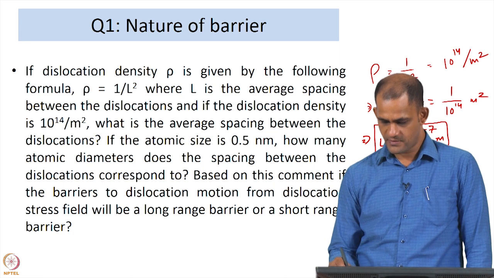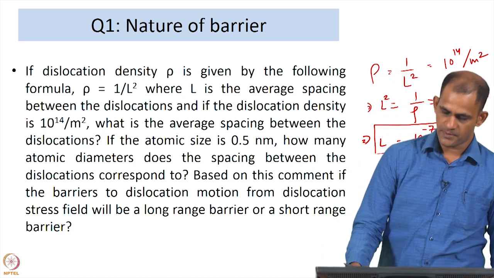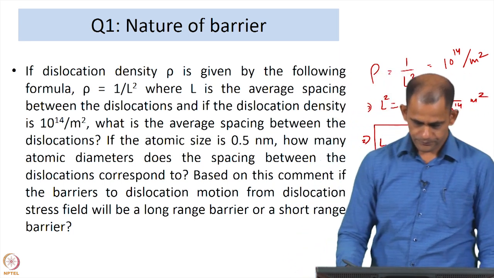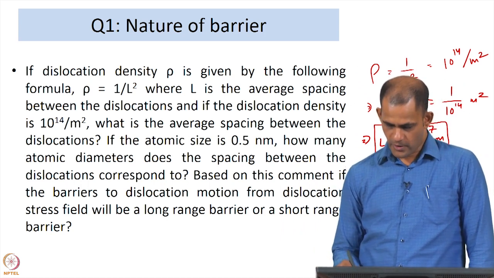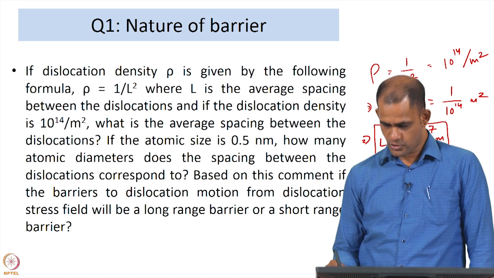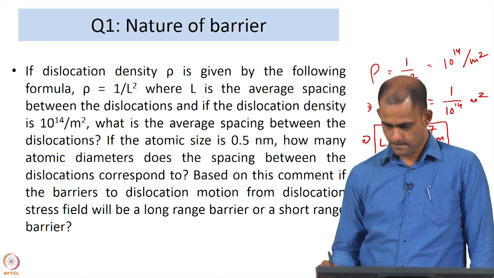So, the average spacing between the dislocations is around 10 to the power 2 nanometer. So, 0.5 nanometer corresponds to 1 atomic diameter.